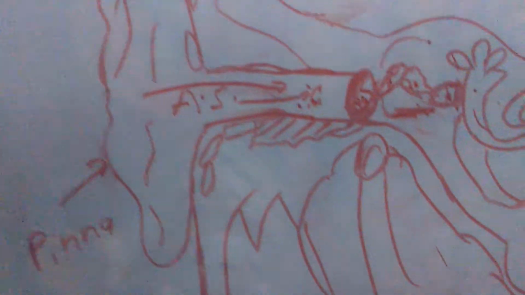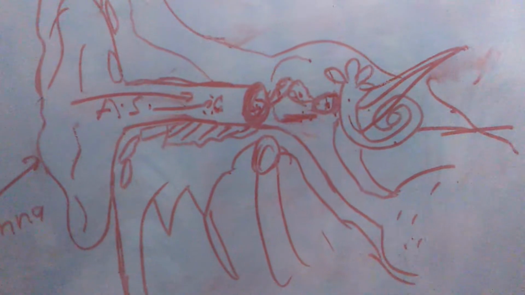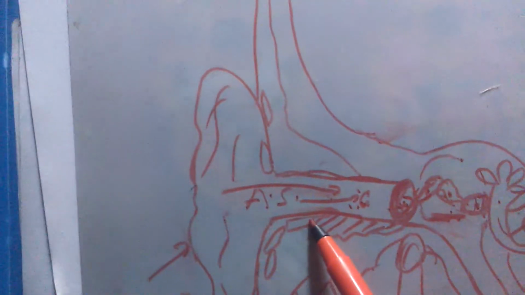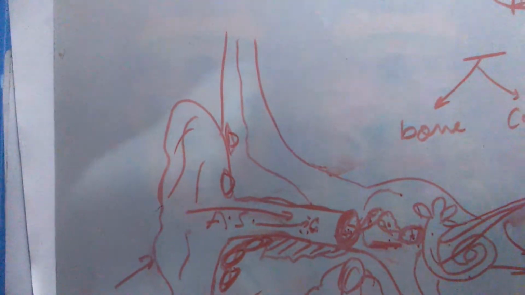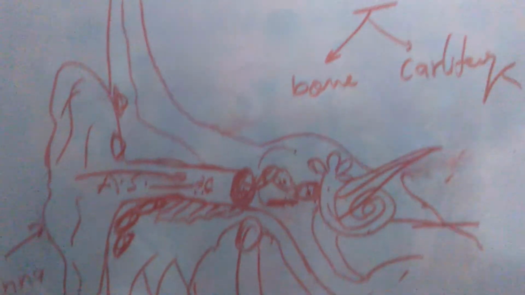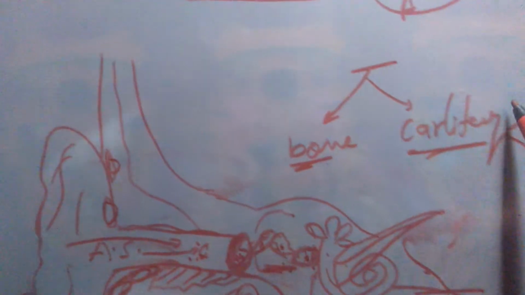If you apply intermittent pressure on this tragus, then any liquid goes inside toward the middle ear. Friends, you see this region here, and this part is known as cartilage, because you see two parts, a bone part and a cartilage part.